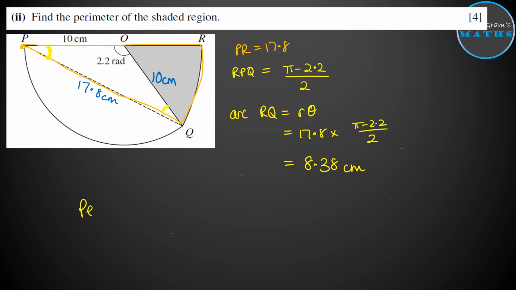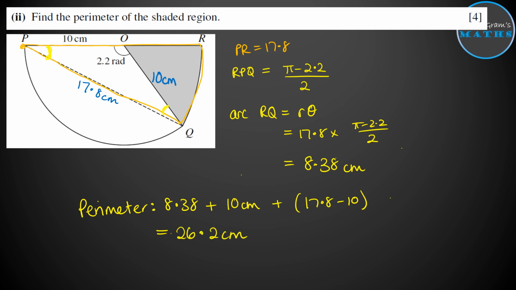So the perimeter that we're looking for on the shaded region will be that 8.38 plus the 10 centimeters of OQ plus for the OR, that will be the 17.8 minus 10. Giving us our final answer of 26.2 centimeters.